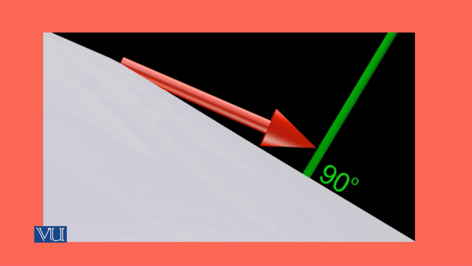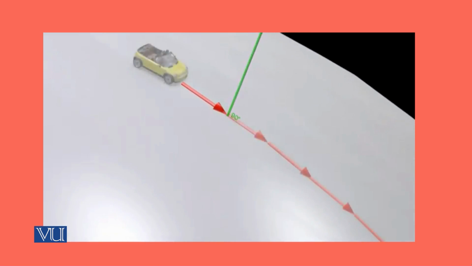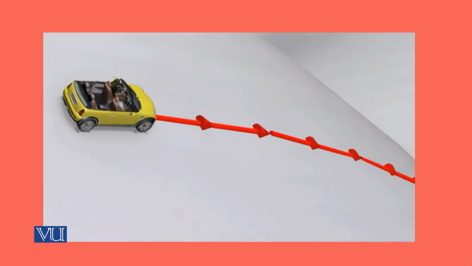We now correct for the fact that the space is not flat by rotating our arrow along the line perpendicular to the surface. If we repeat this over and over again, we get the path of the geodesic.